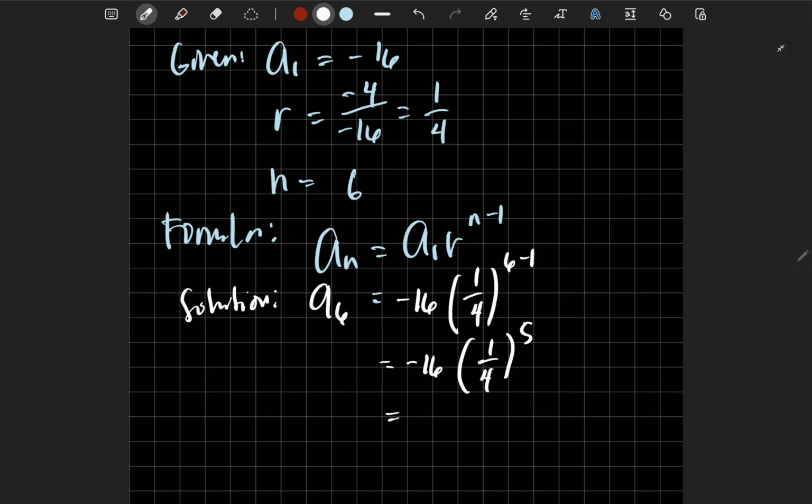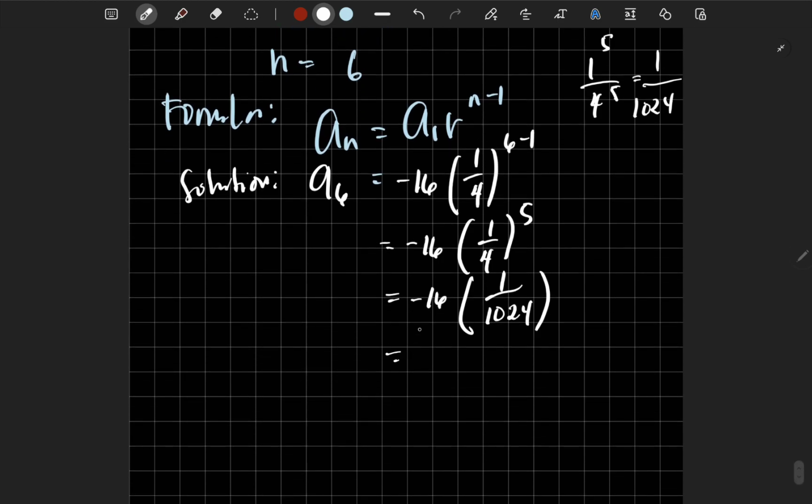Now, 1/4 raised to 5 is the same as 1 raised to 5 over 4 raised to 5. So 1 raised to 5 is 1, and 4 raised to 5 is 1,024. So meaning 1/4 raised to 5 is equal to 1 over 1,024. Then we have to multiply this to your first term.